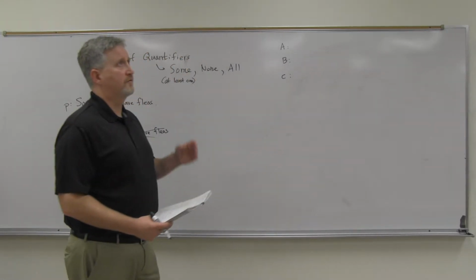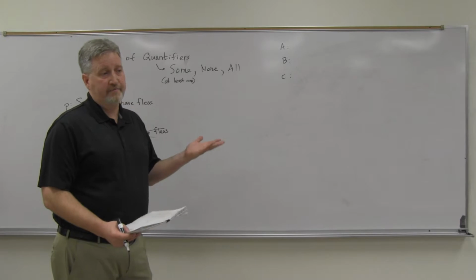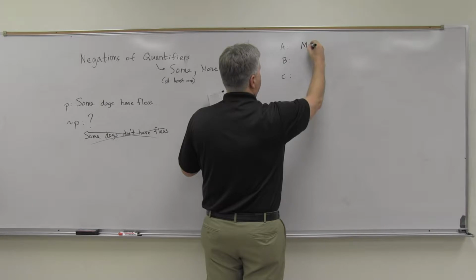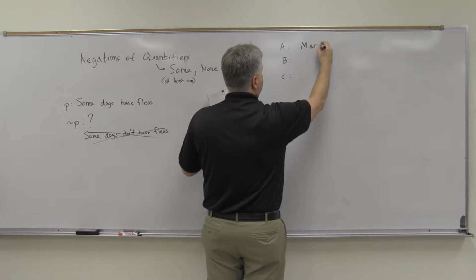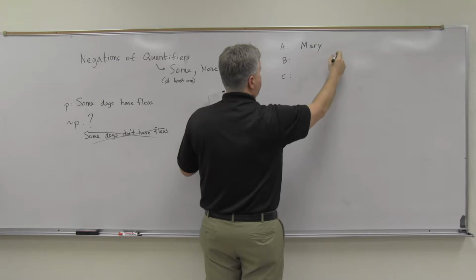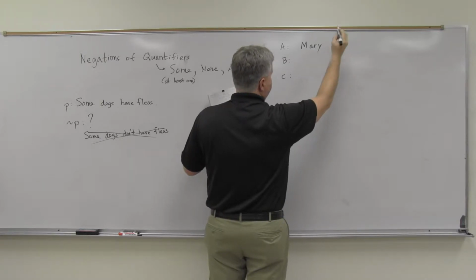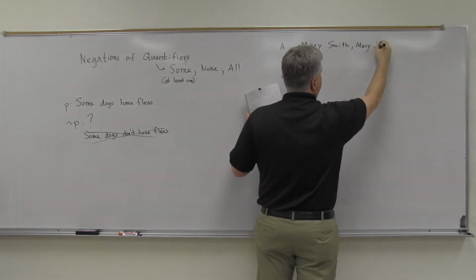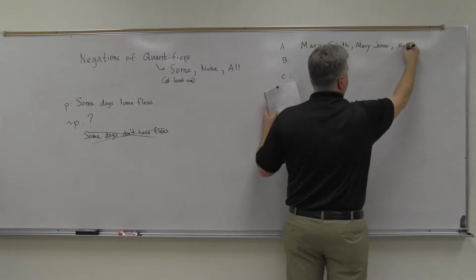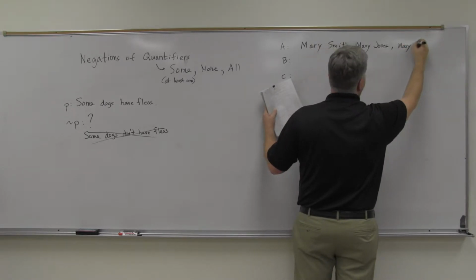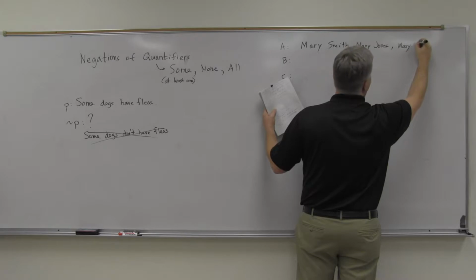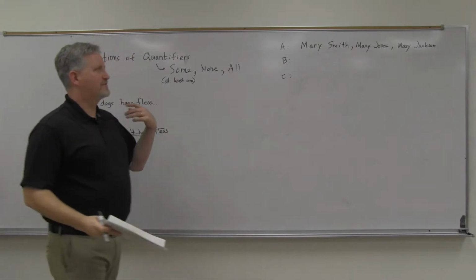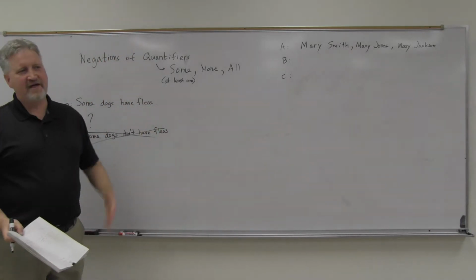So let's say group A. Group A is a group that has 3 people in it, and another one would be Jackson. Okay. So it's 3 people, and all of them are named Mary. Okay, so that's one group.